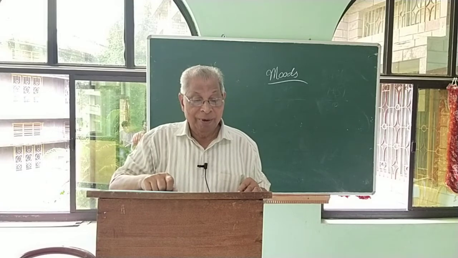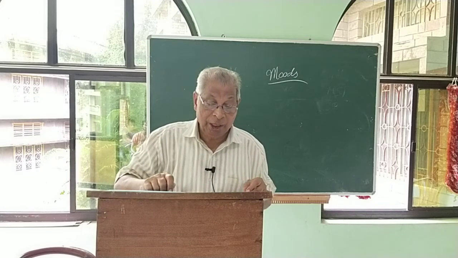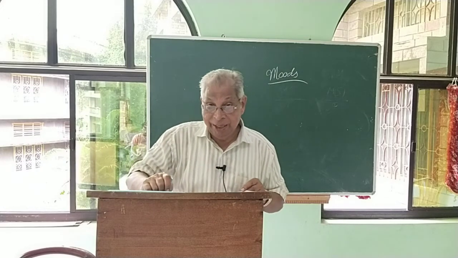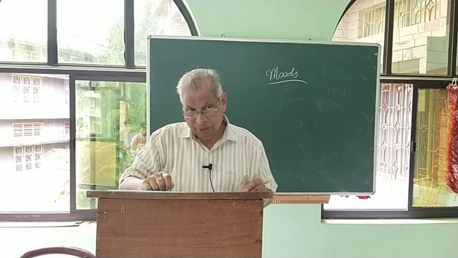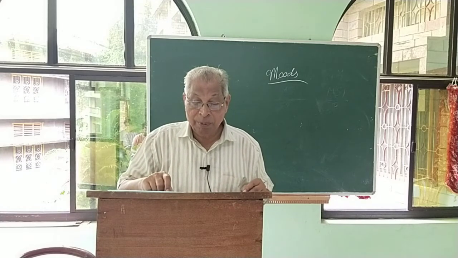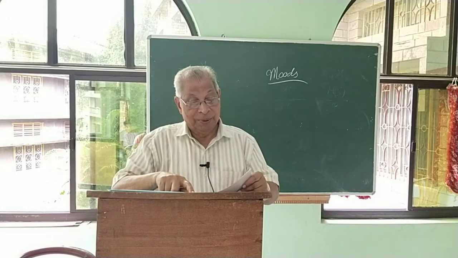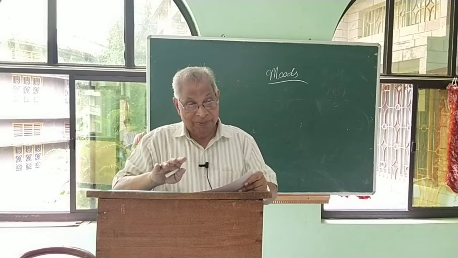Now we have divided categorical propositions into A, E, I, O. So four kinds of propositions, and there are three propositions in a syllogism and four possible figures.